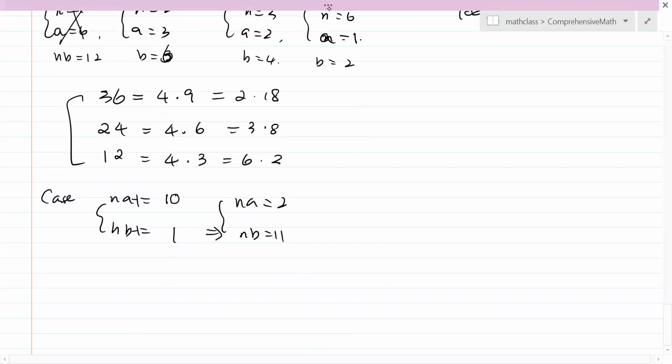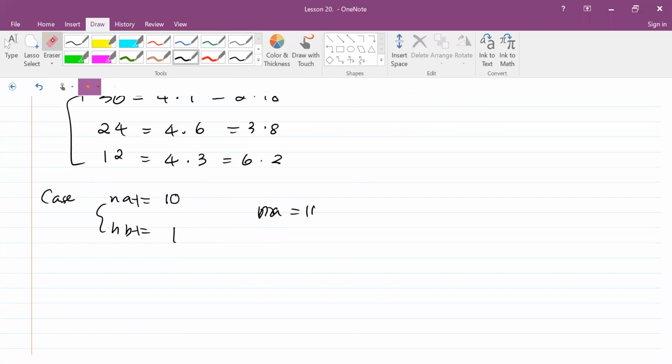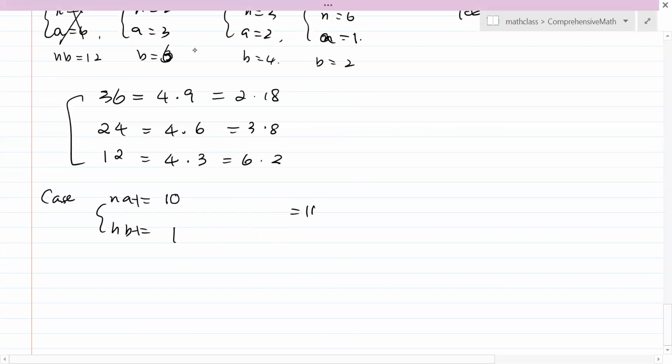So the question is whether it's possible, and more likely it's impossible. Just NA equals 11. It's impossible. 11 is a prime number. So it's impossible.